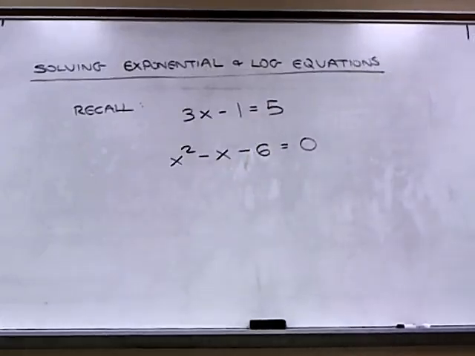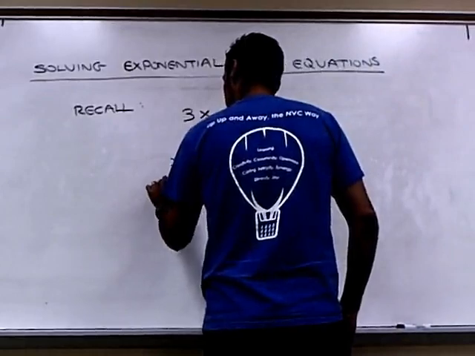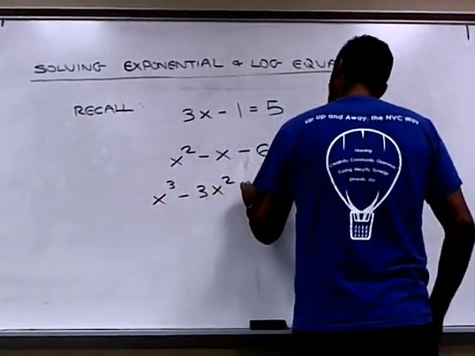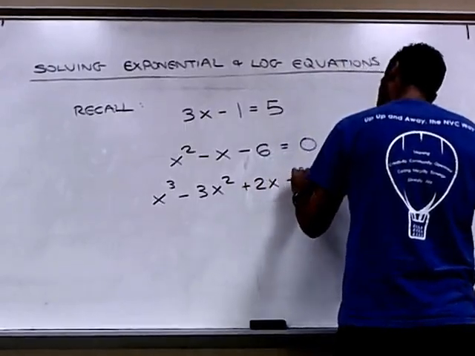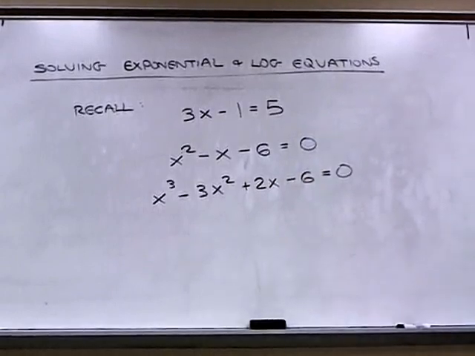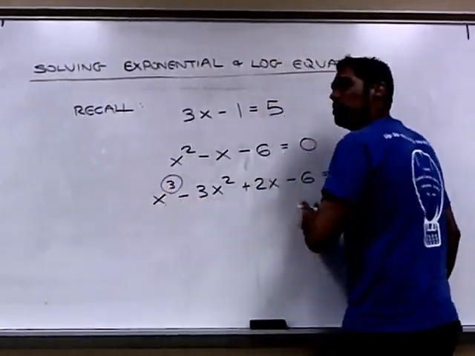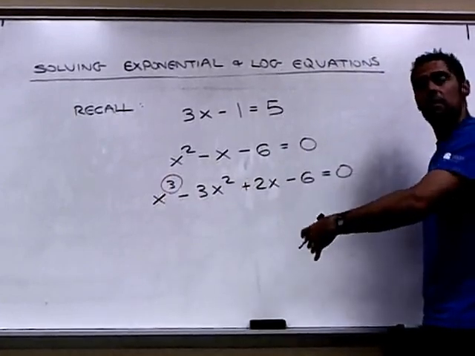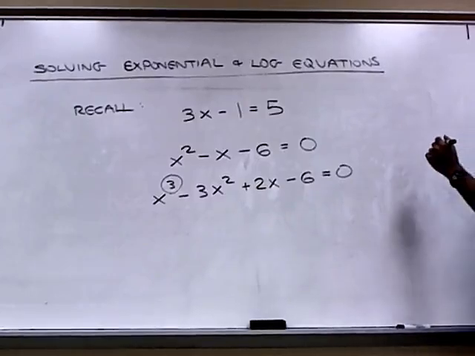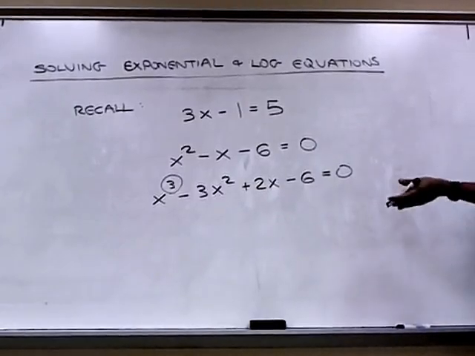What if I gave you this, how would you solve that? Try grouping or factor by synthetic division. In fact, for any polynomial, we would use synthetic division or something. We have a way of attacking problems like that, right? For all those, we have a way of getting solutions.